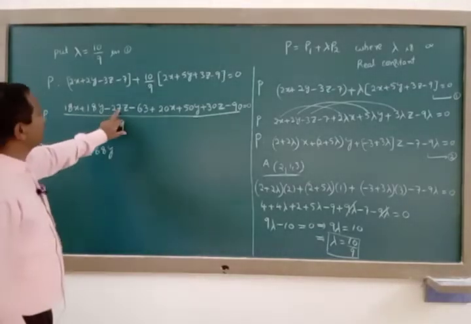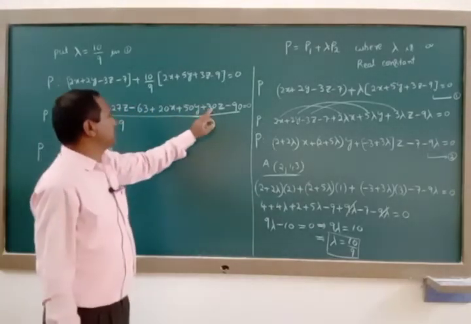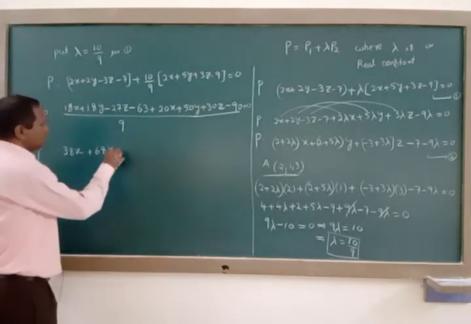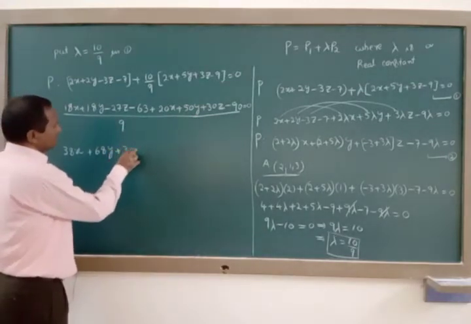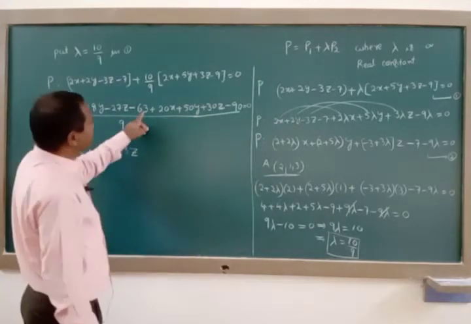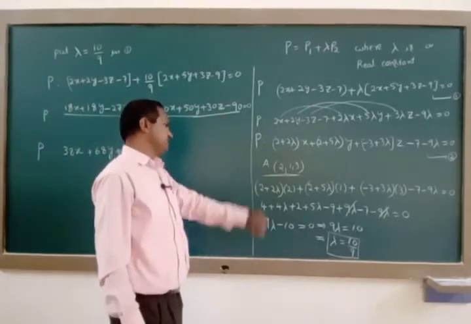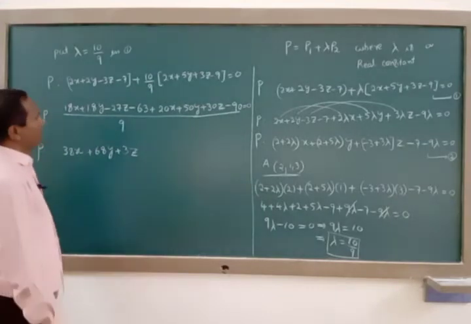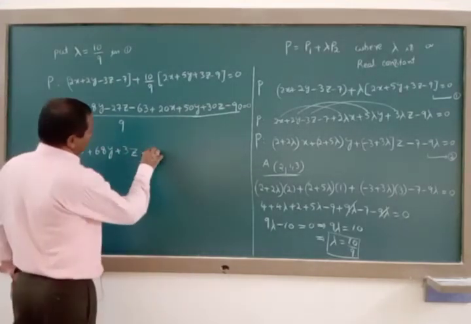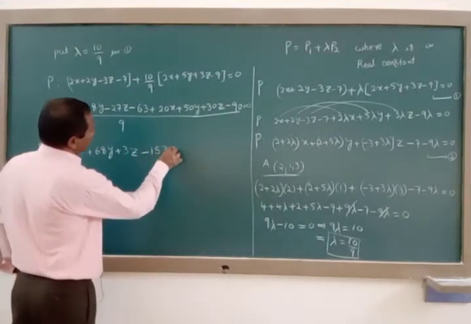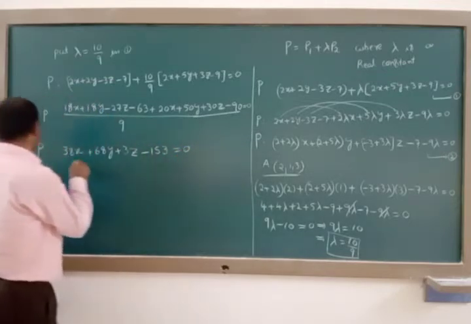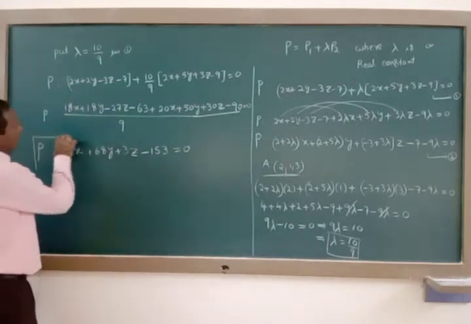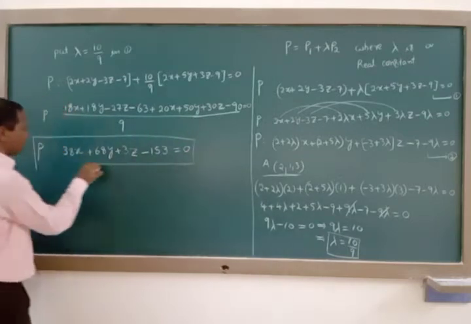Minus 27z plus 30z, 30 minus 27 is 3z. Minus 63 minus 90, that is minus 153, is equal to 0, which is our required equation of the plane in Cartesian form.